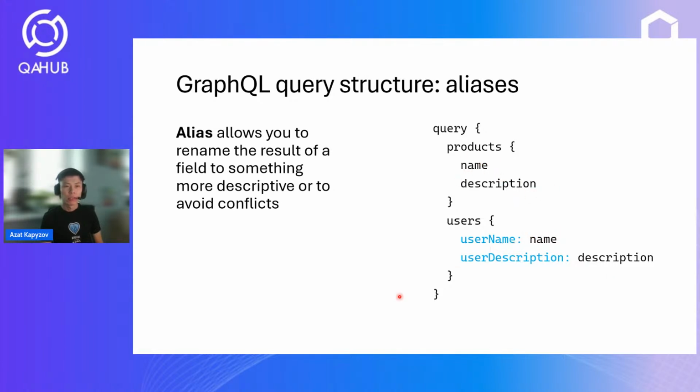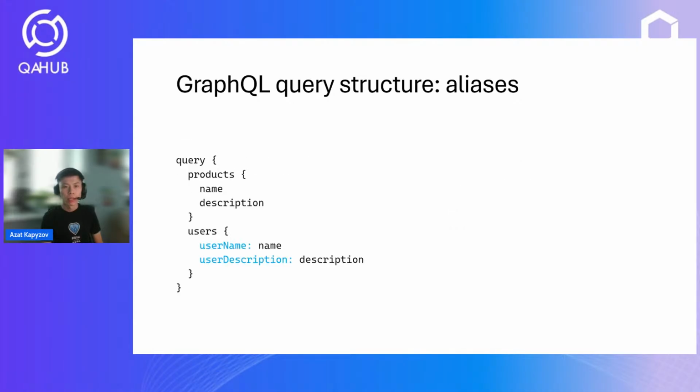To avoid these naming conflicts, we can use aliases. In this case, for users, we specified username, colon, and the original field name, and user description, colon, and the original field name. So when we run this query to our system, we'll get something like this.